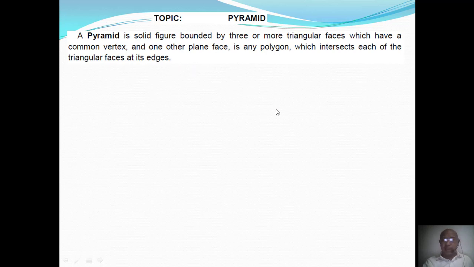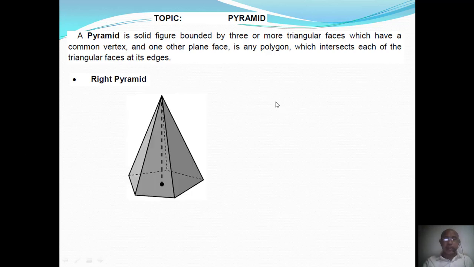So I have here a pyramid. This solid has 3 or more triangular faces which we call the lateral faces. And they have a common vertex.